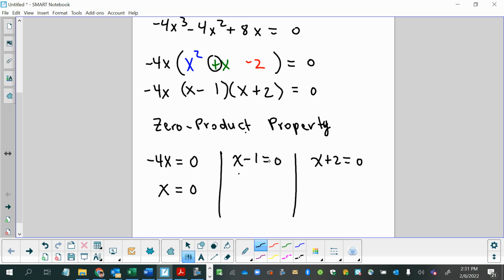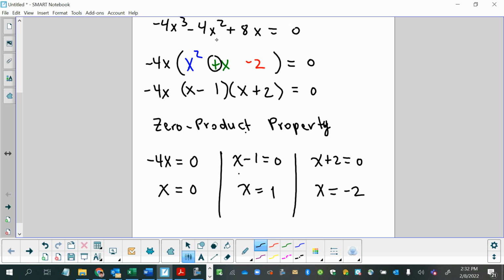For the second factor, x minus 1 equals 0, I'm going to add 1 to both sides so that I get x equals positive 1. And for the last one, I'm going to subtract 2 from both sides to get x equals negative 2. So those are my solutions: x equals 0, x equals 1, and x equals negative 2 should all make my original equation true.